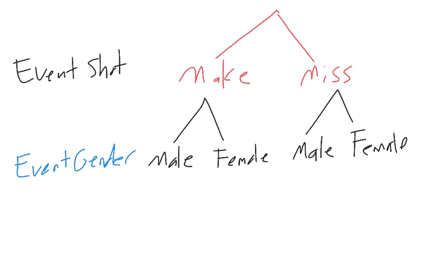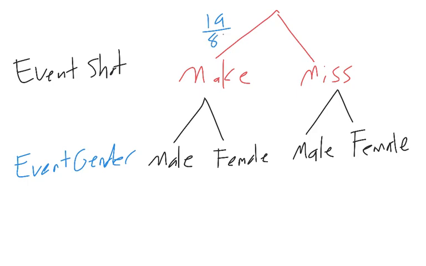So, let's start with event shot. What's the probability that they make the shot? It's 19 over 81. So the probability of making a shot here would be 19 over 81.